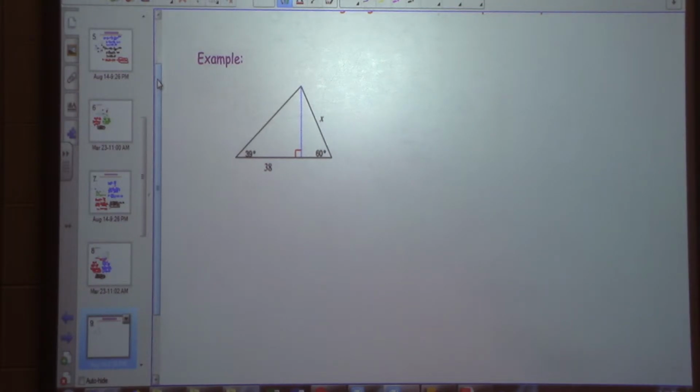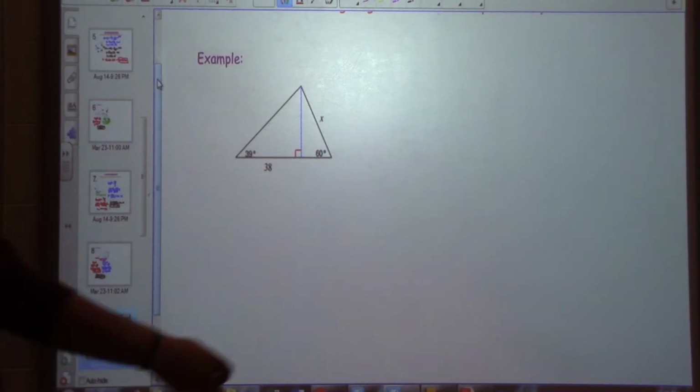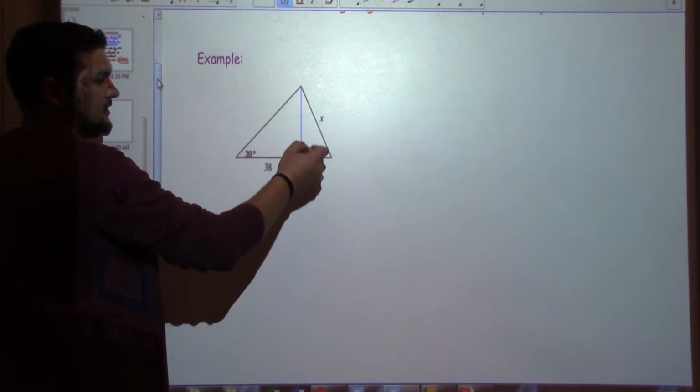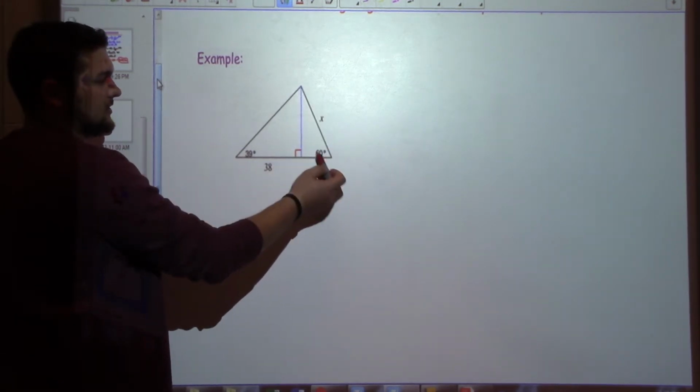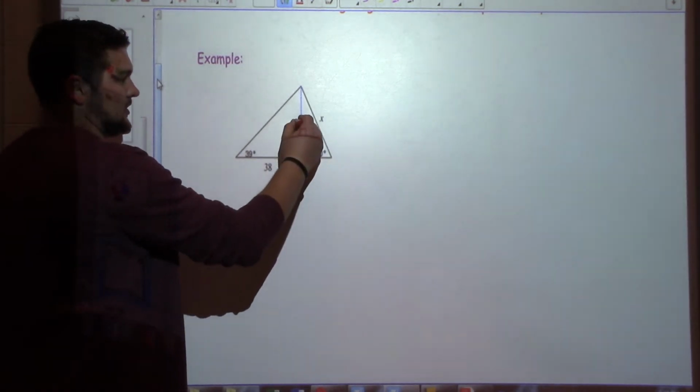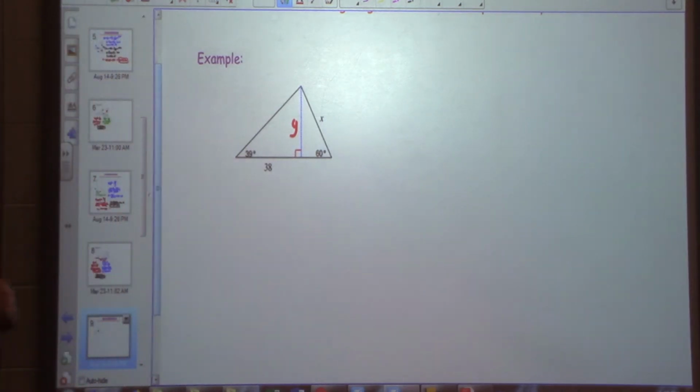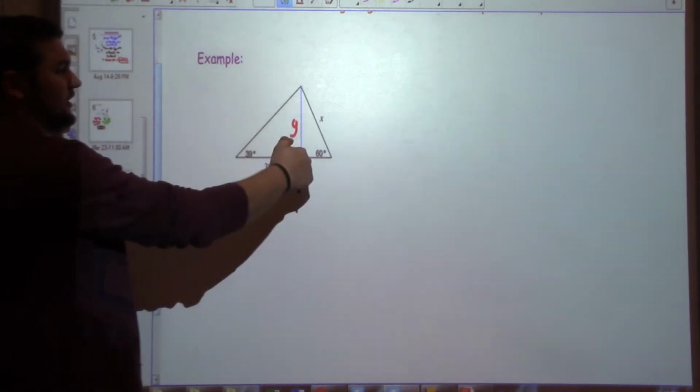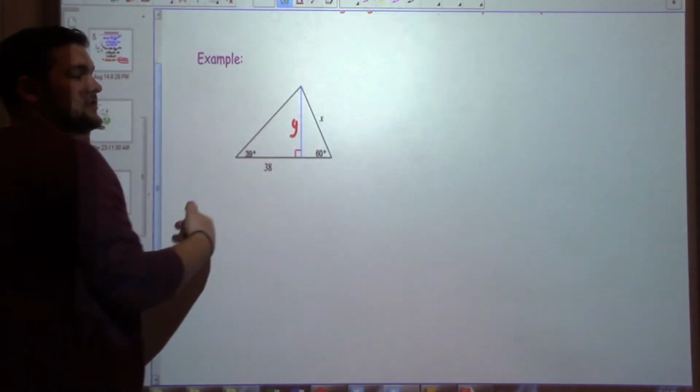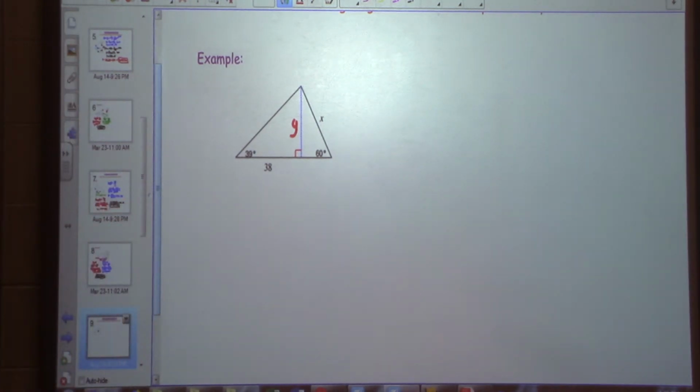Oh, we need to solve for the line that's going up and down using the tangent, and then use that. So yeah, if we solve for this shared side here, using our trig, then we'll be able to solve for x. So I'm going to call this middle line y. I'm going to have to solve for that first, so that I can use trig on my other triangle to solve for x.